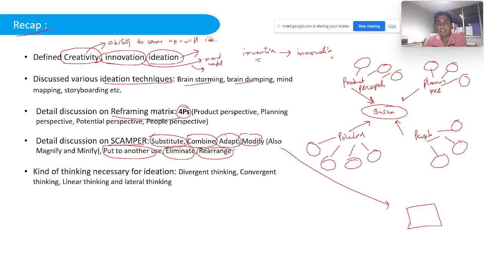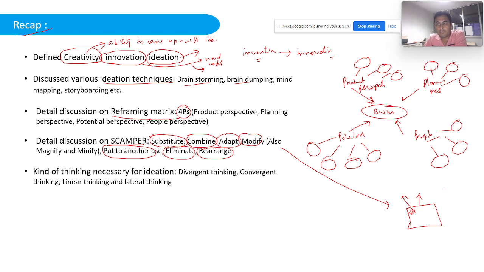These individual keywords will trigger you to make certain changes to the existing base model. For example, substitute. You will try to substitute something, whether it's a substitution of material, of user profile, of the process, or the arrangement of components.